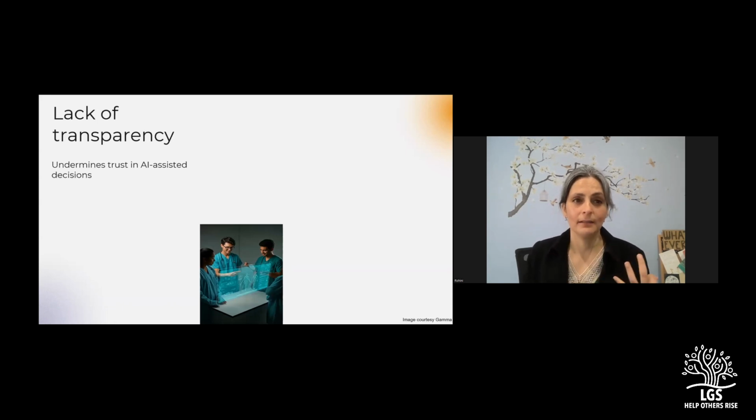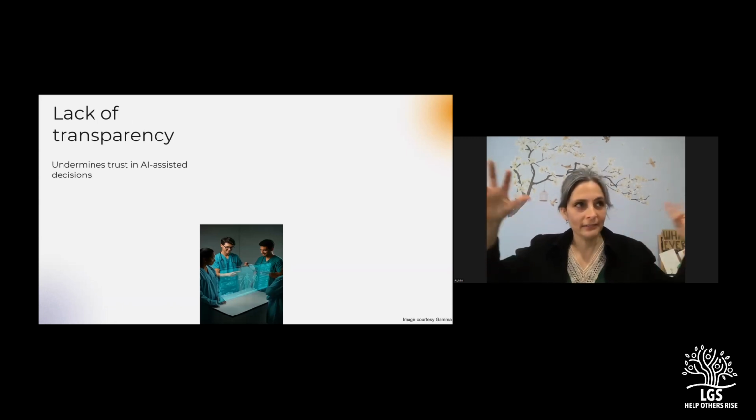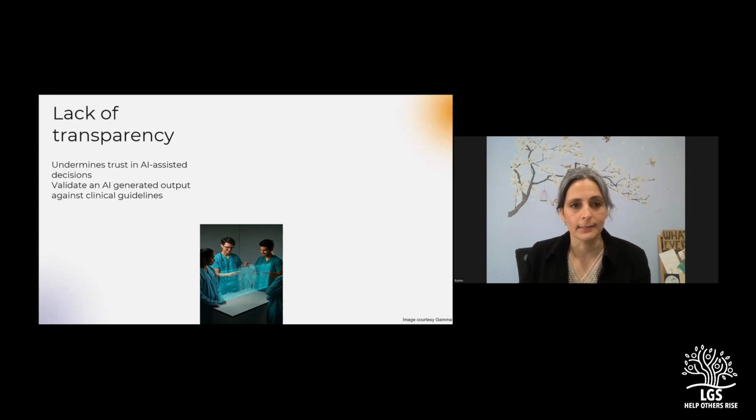There's also this big lack of transparency. People say data sets, but in my mind it's like a black box. I don't know what's happening in there, and this can undermine trust in AI-assisted decisions. So it's very important to validate against the clinical guidelines, the local practice guidelines, the regulatory guidelines, whatever is needed to make sure we're on the right path with whatever output is coming in.